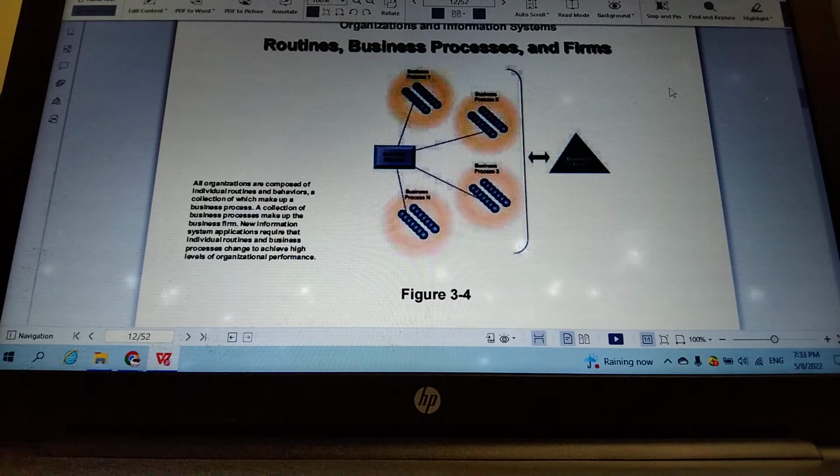Any new information system application, any new business information system apps or management information system, requires that individual routines and business processes change in order to achieve a higher level of organization performance.